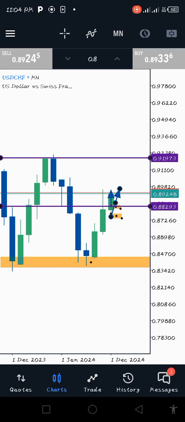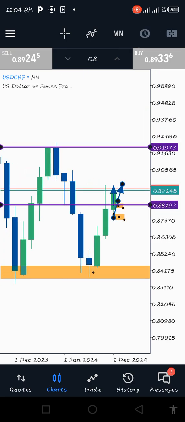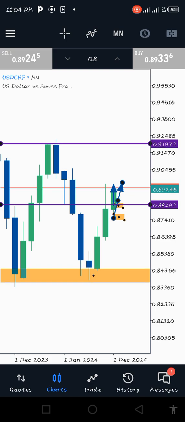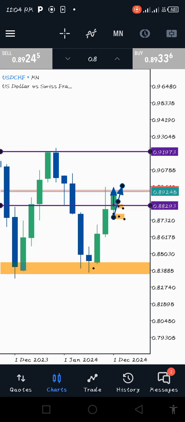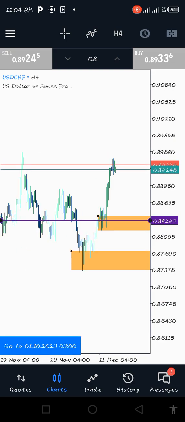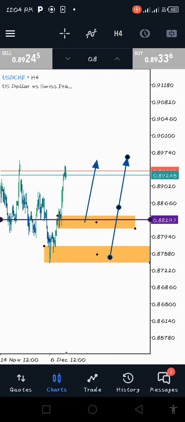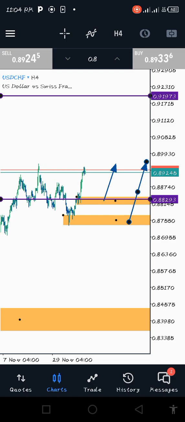Everything is possible in FX, and we can eat our TP in just 2 or 3 days. Following that, investors are now freeing from the CHF, and we can have our final TP much faster. So we can move to the 4-hour time frame and wait for our buying to open. Simple and clear.